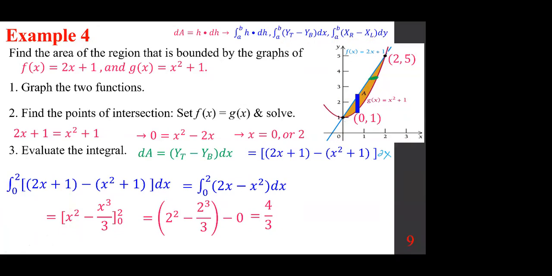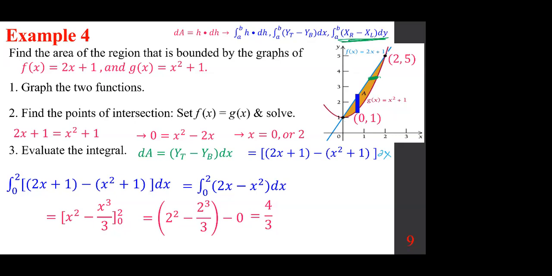If you draw a horizontal strip, then you can use this one, everybody. So I'm going to leave it for you to figure out the height, you can say, if you will. The x of the right minus x of the left, okay? See if it can be done. And needless to say, it's a lot easier this way for this example.